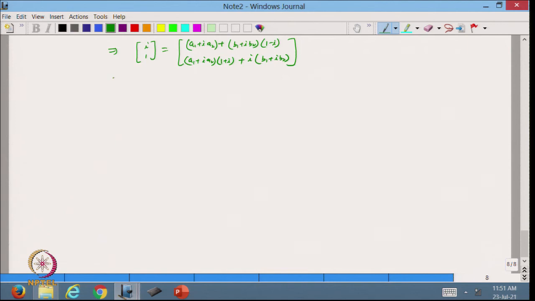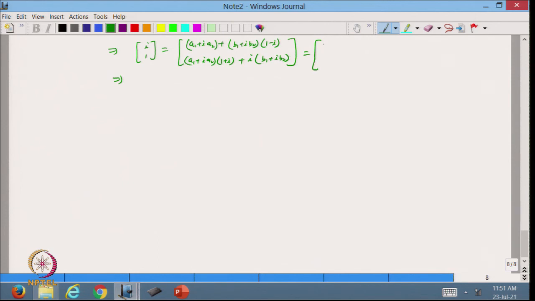Now, I compare these component wise. I multiply and collect the terms, so maybe I can just simplify.